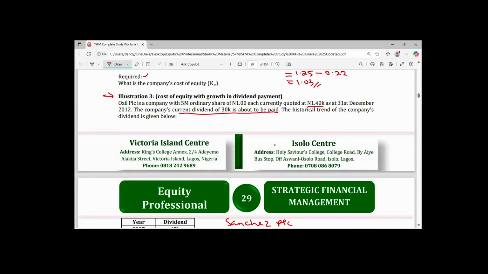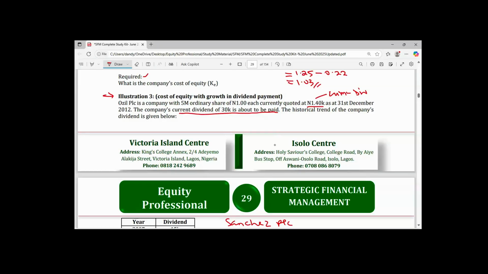But the examiner has told you that the company's current dividend of 30 kobo is about to be paid, which means the dividend is still outstanding. So the market price of 1 naira 40 kobo is cum div. You cannot use that 1.4. You need to less 30 from the 1.4 to arrive at 1.1, which will be your XD.